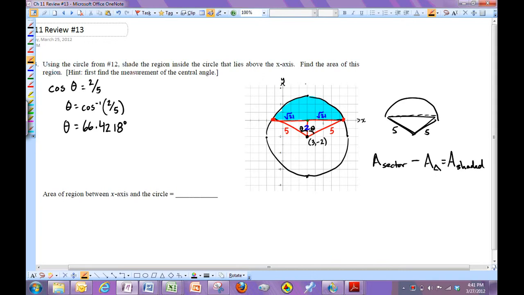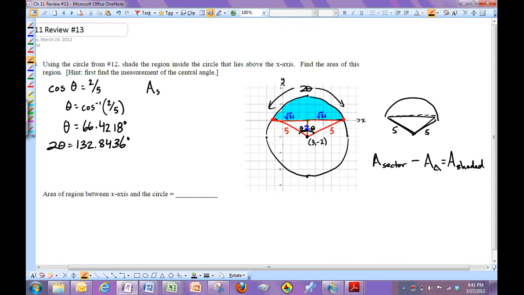And I need 2 of them, because that's really how big the arc is, since there are 2 angles down here, both theta. So 2 theta is going to be 132.8436 degrees.